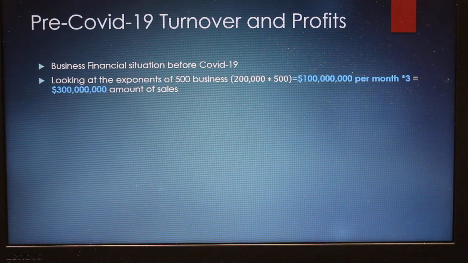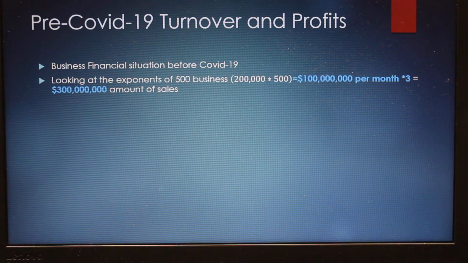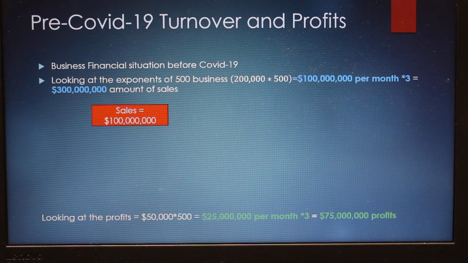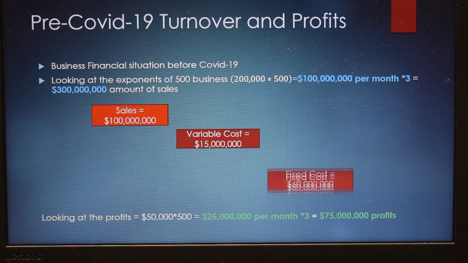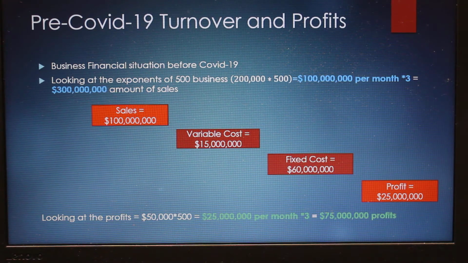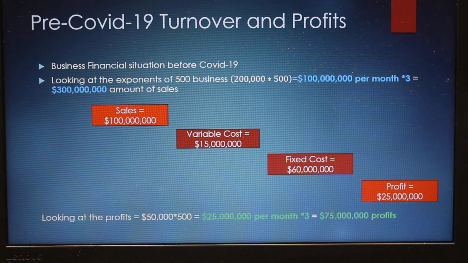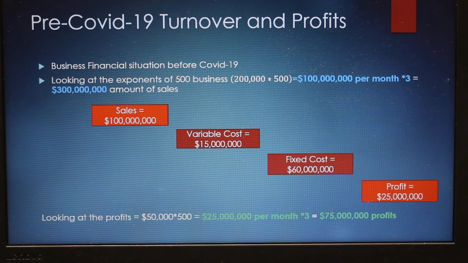Now let's look at a scenario here that considers 500 businesses. Now if we have 500 businesses with 200,000 in sales each, it would be 100 million in sales. So that's in real terms what the government needs to protect. Variable cost would be 15 million, fixed cost 60 million, and therefore profit would be 25 million.